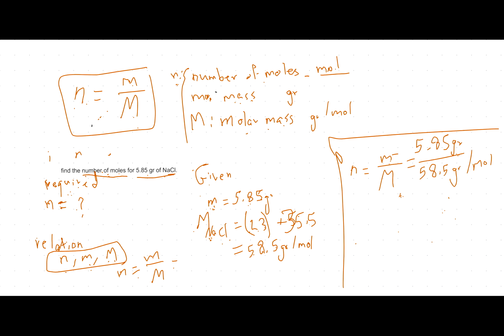This is gram and this is gram, cancelled. The mole will go up because it's in the denominator, so it goes up. And when I divide it, my answer will be in mole. I divide this over this. How much will be my answer? It will be 0.1. Is this right or not?